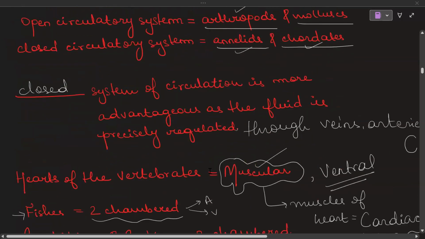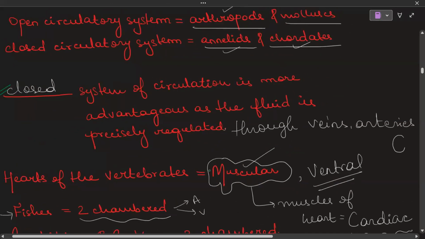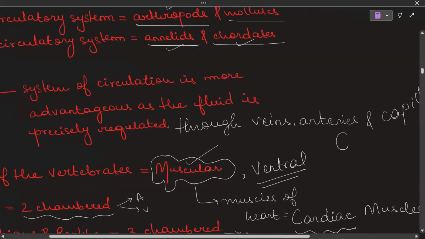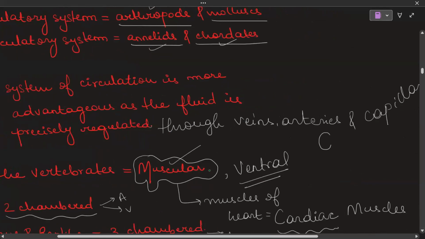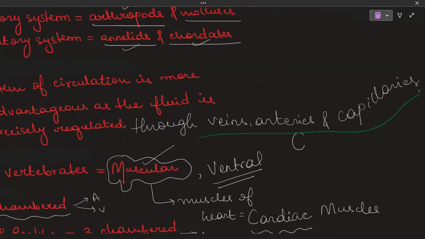So, as you said, the closed system of circulation is more advantageous because it is precisely regulated. Always remember, closed is better than open. Closed circulation system is much, much better and advantageous. Why? Because here, how have I written? Look, it's going like a caterpillar.